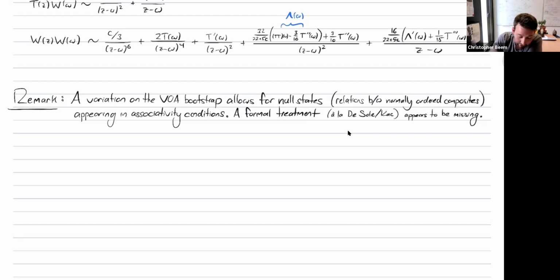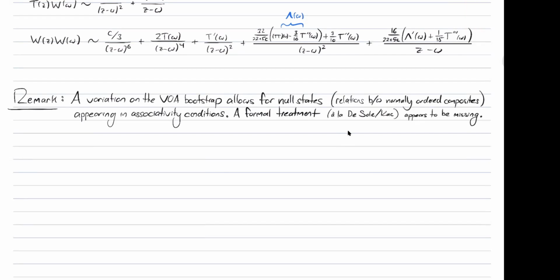The modified procedure is alluded to in both of the references I mentioned, the one by Thielemans and the one by Kac and De Sole. But the definition, proposition, lemma, theorem treatment hasn't appeared, I don't think.